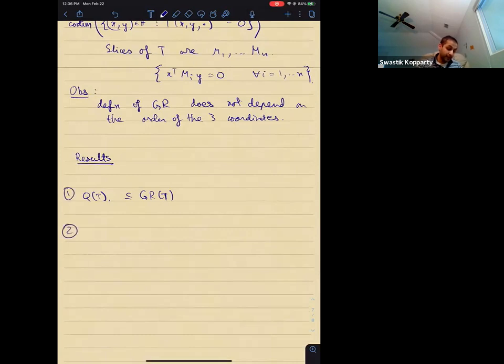2. The set of all tensors of geometric rank at most R is Zariski closed. So the set of all T such that geometric rank of T is at most R is Zariski closed.